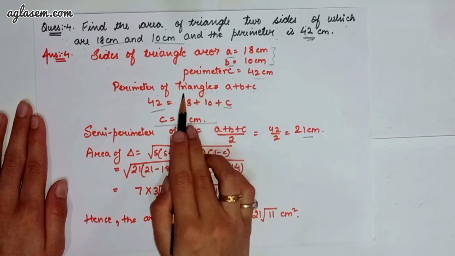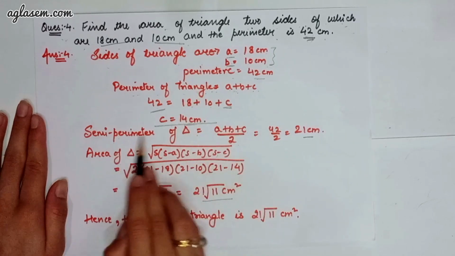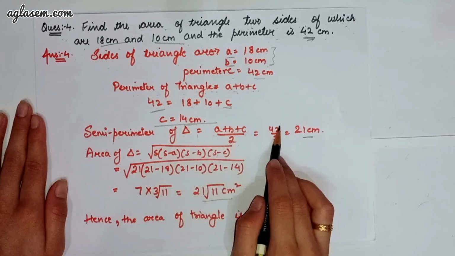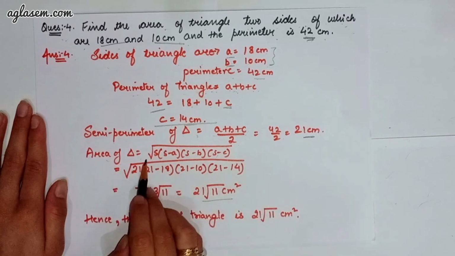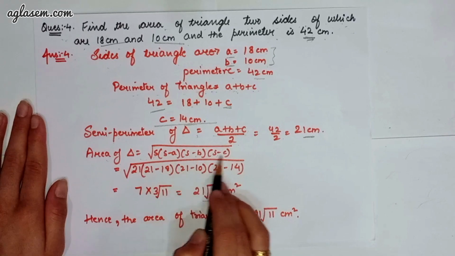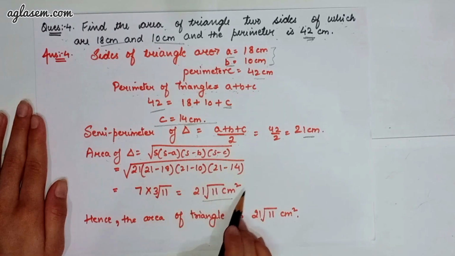By applying the values, we will get c as 14 centimeter. So the semi-perimeter, a plus b plus c divided by 2, is 42 divided by 2, which will give you 21 centimeter. The area of the triangle by applying the formula, root of s times (s minus a), (s minus b) and (s minus c), will give you 21 root 11 centimeter square.